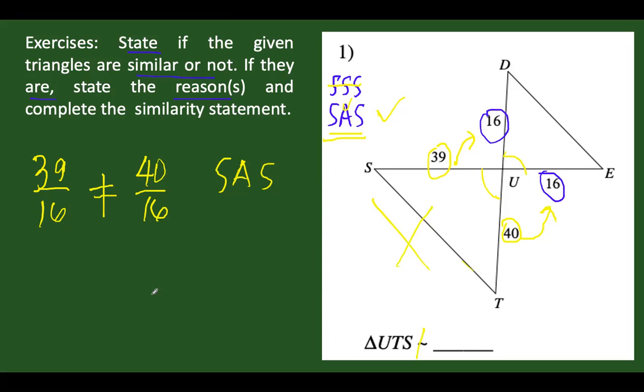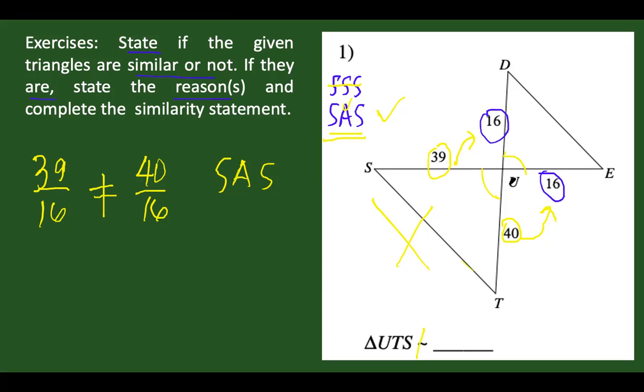Now, you might think the corresponding sides might be mispaired. So you might have incorrectly paired the corresponding sides. That's why you were not able to get the proportional sides or equal ratios.